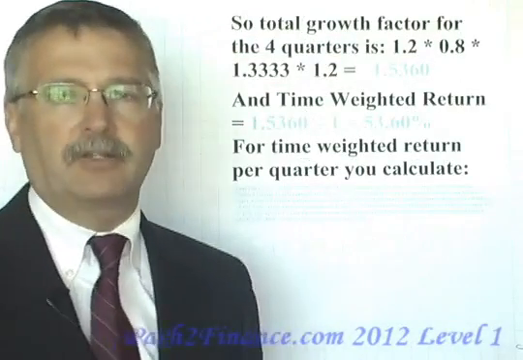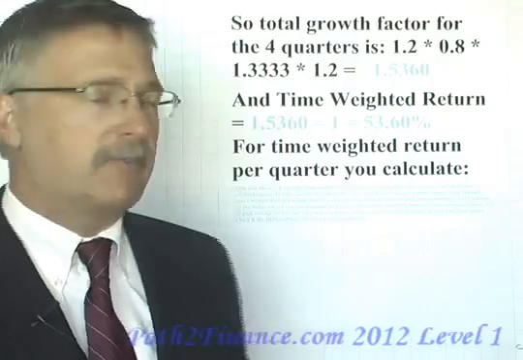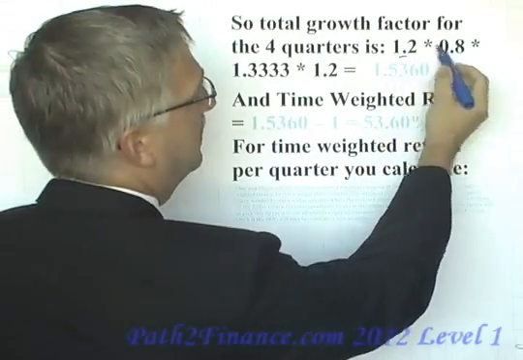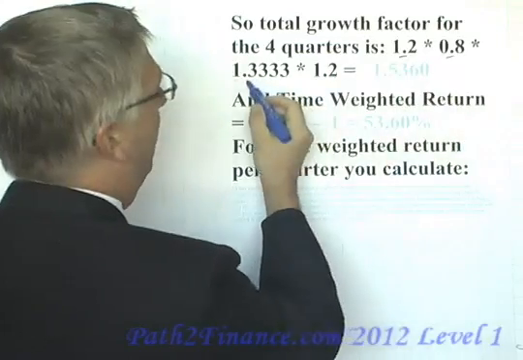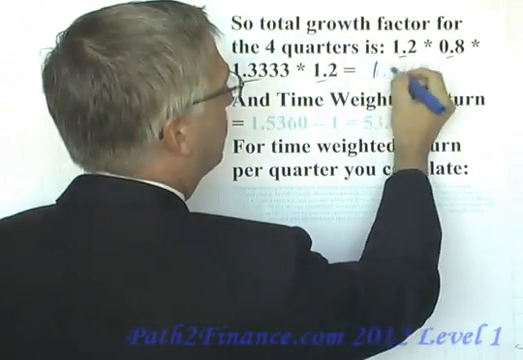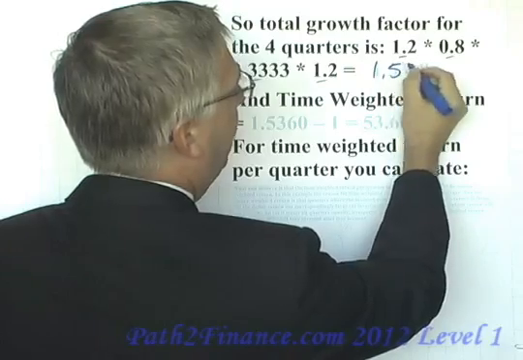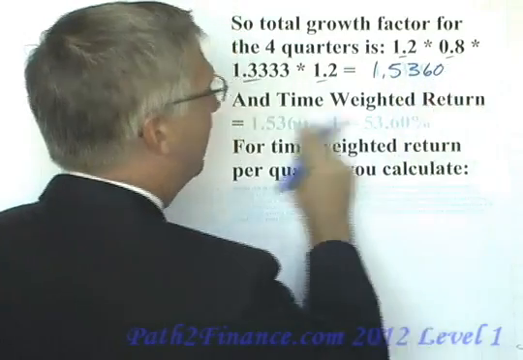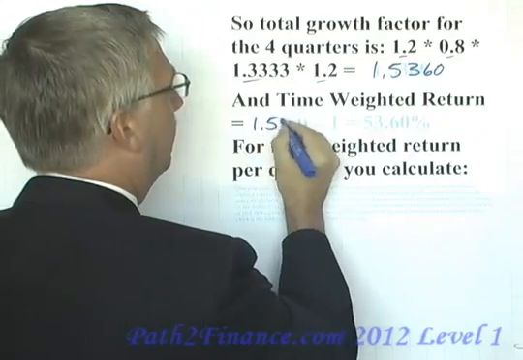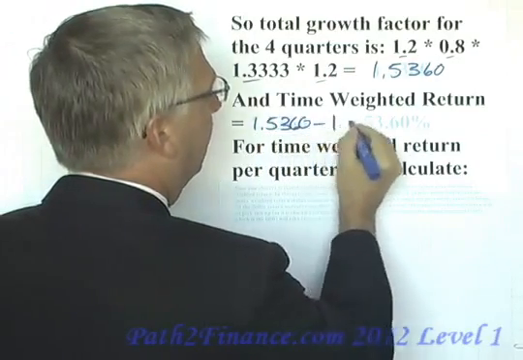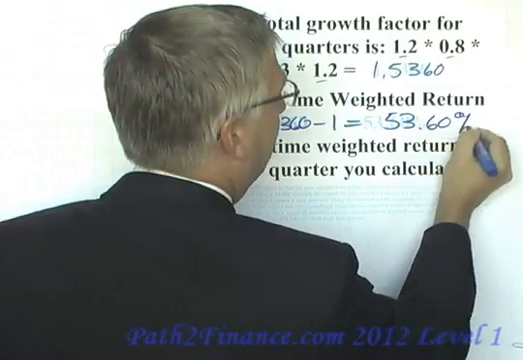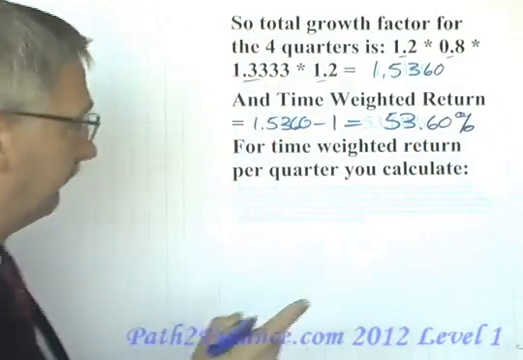So let's calculate the total growth factor from our prior example. For the 4 quarters, 1.2 times 0.8 times 1.333 times 1.2 gives us 1.5360. To get the time-weighted return, we simply take that number minus 1, and that equals 53.60% for the entire period.